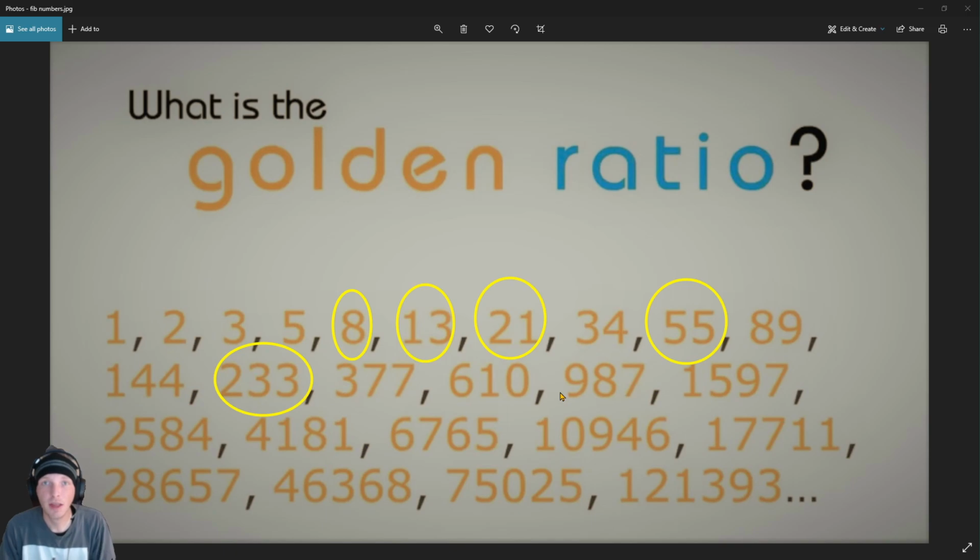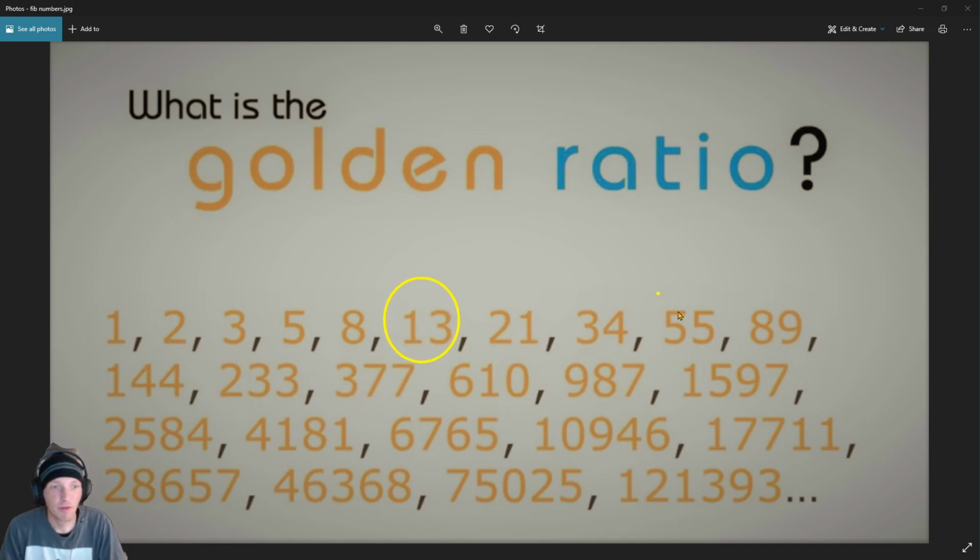Those are the numbers that I like to use, but a lot of times I just stick with the 8, the 55, and the 233. You guys can use whatever you want. I've seen some people, when I look it up on the internet, they like to use the 13 and the 55.